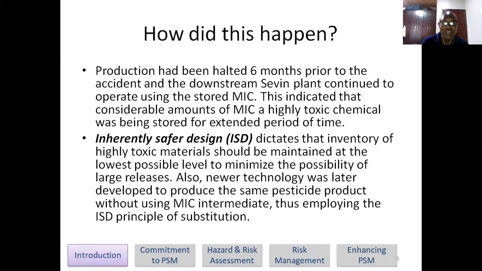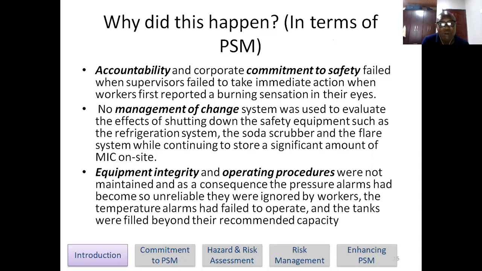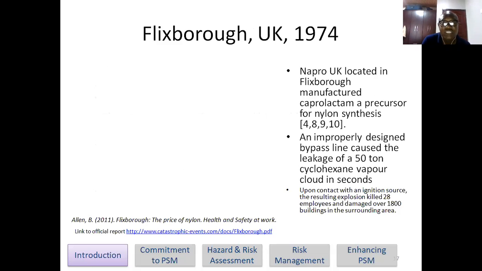After the incident, it was found that some of the pipes, the inventory of highly toxic material, had corroded the plant, and the workers could feel something peppery in their eyes. But because they did not report the observation quickly, that was what caused the explosion.